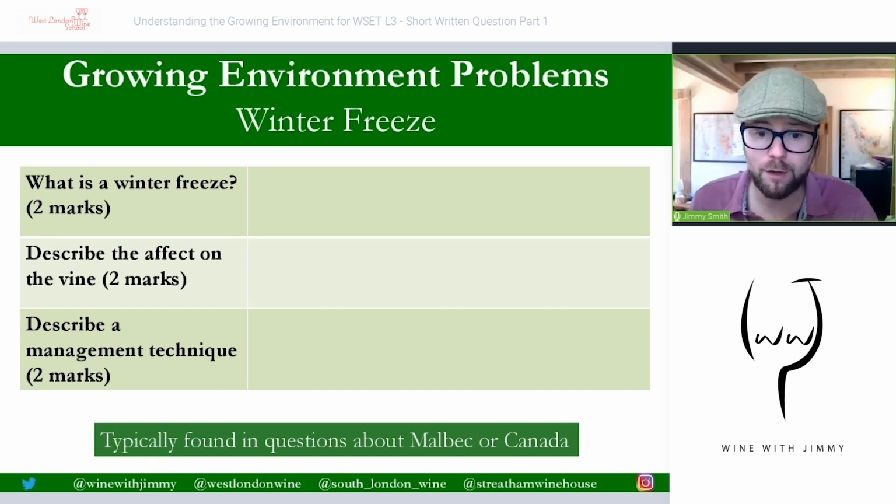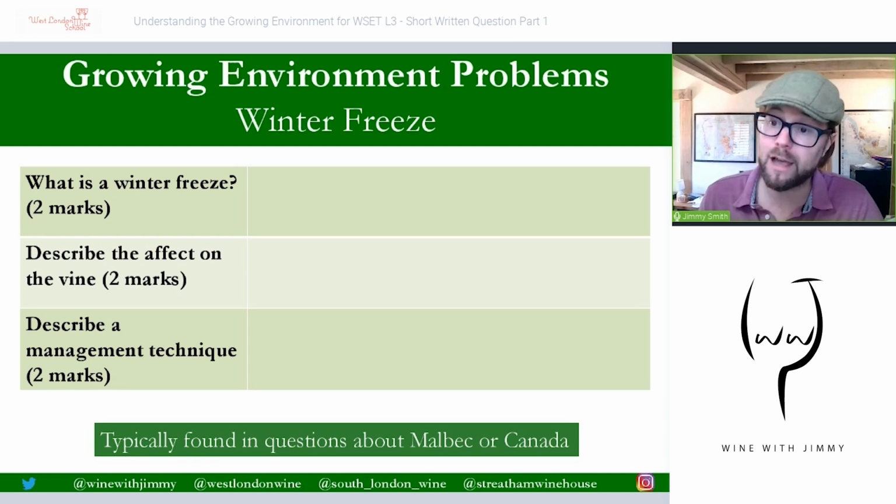So here it says typically found in questions about Malbec or Canada, talking about winter freeze, because Malbec is a variety that suffered heavily with a winter freeze in 1956 in southwest France. Thus, there's not much left of it today because it was replanted with other grape varieties. And Canada today does have quite severe winter freezes, specifically in areas around Niagara Peninsula and the Okanagan Valley. So those areas can be very excessively cold in winter.